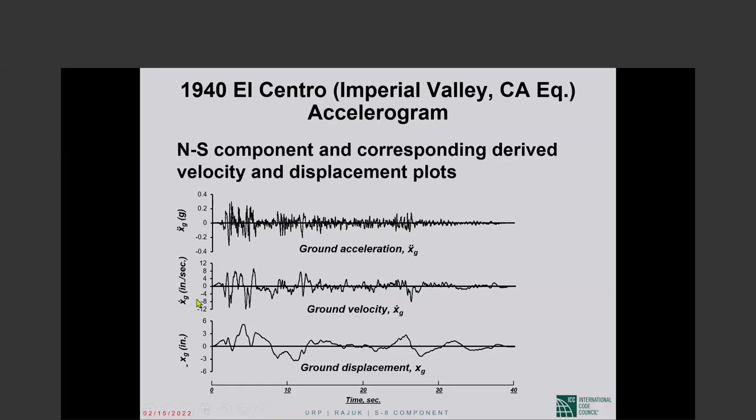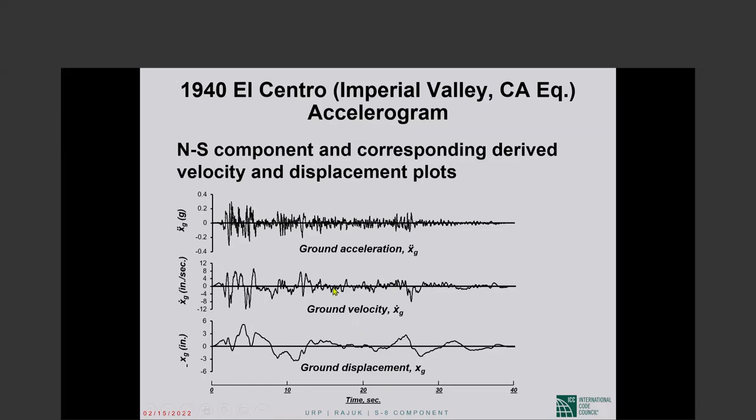And you see right away that the ground velocity plot is not as erratic looking as the accelerogram, and also more importantly, the period has lengthened. Now the time between two zero crossings is longer than in the acceleration plot.